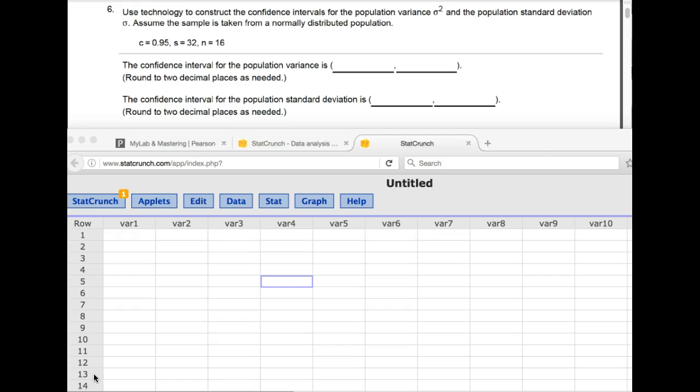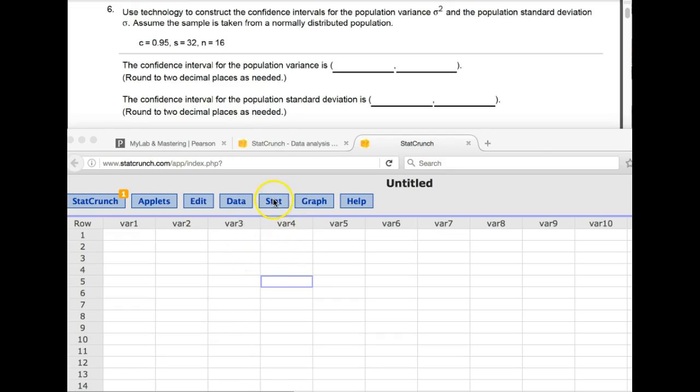Since N is equal to 16, we're not considering it to be approximated by a normal distribution. Because of that, we actually need to use the chi-squared distribution in order to figure out what the confidence interval is going to be. But we're going to do it with technology and do it real fast.